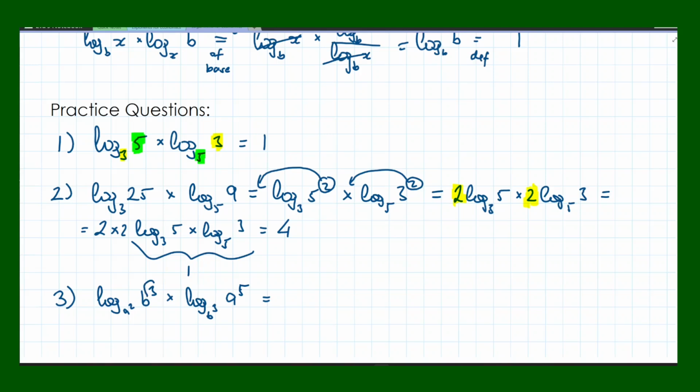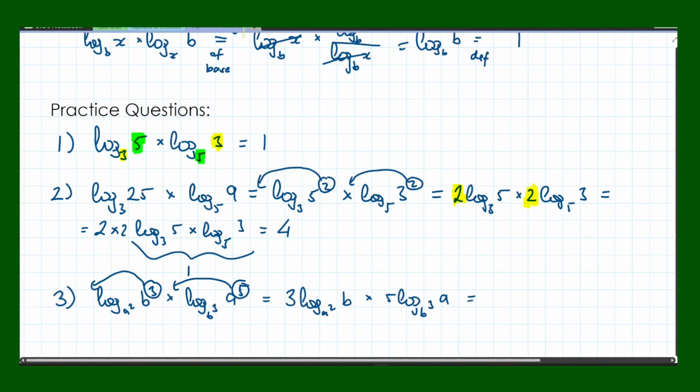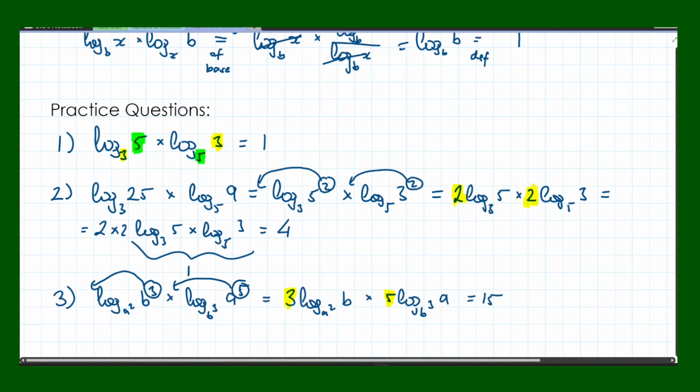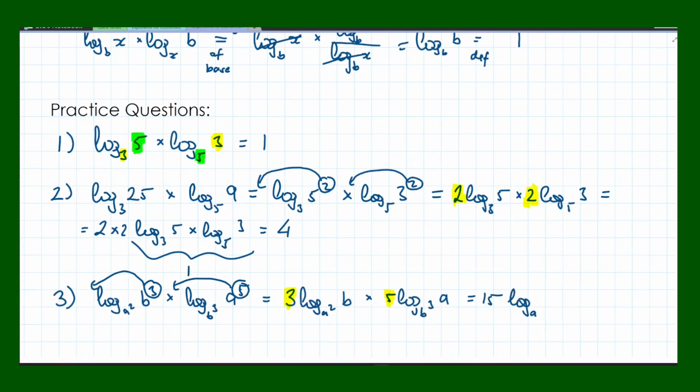So in the first step, I'm going to bring down these two exponents from behind the log sign. So that's going to be 3 times log_{a^2} b times 5 log_{b^3} a. And what I'm also going to do here is collect the number multipliers, or coefficients, to the front. 3 times 5 is going to make 15. And now I've just got log_{a^2} b times log_{b^3} a.